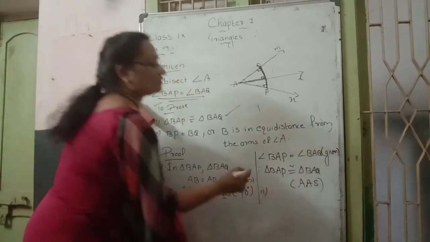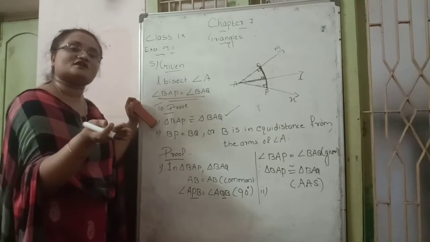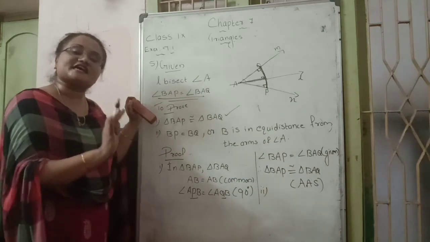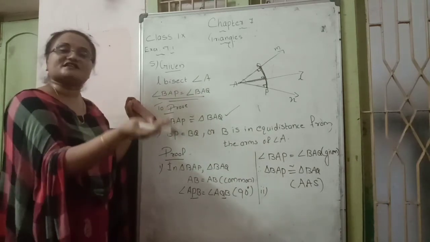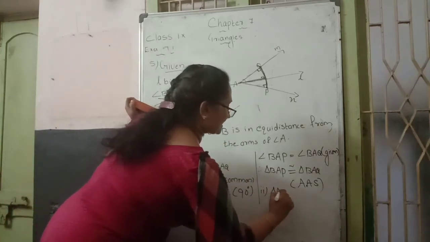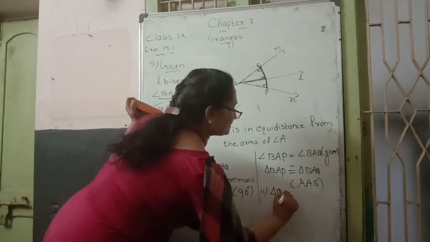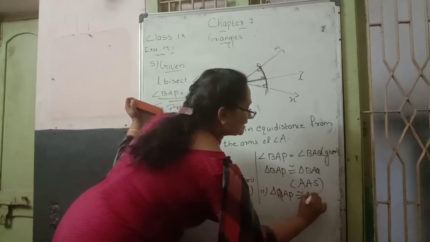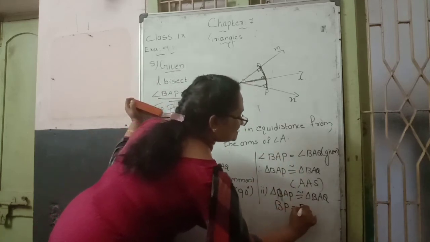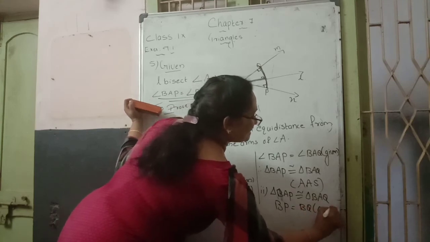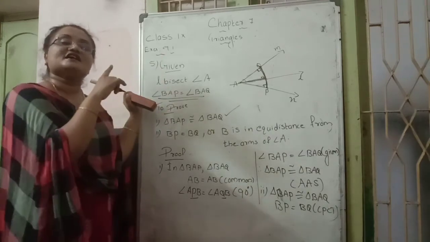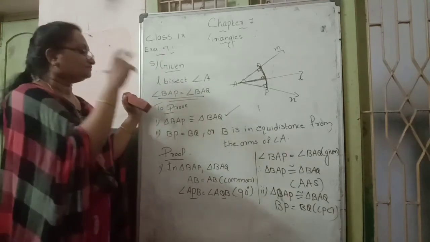Second part, how can we prove it? Already we proved that the two triangles are congruent. BP and BQ are sides of those same two triangles, so they are also equal by CPCT. Once again, the congruent triangle names: triangle BAP is congruent to triangle BAQ. Then side BP and side BQ are equal by CPCT, because BP and BQ are sides of the given triangles.